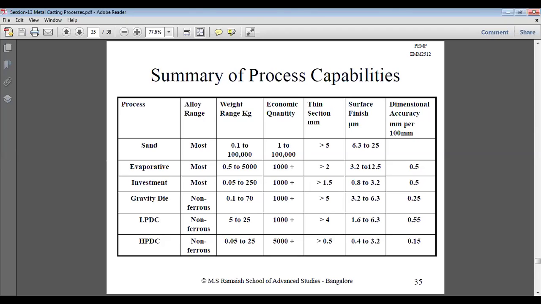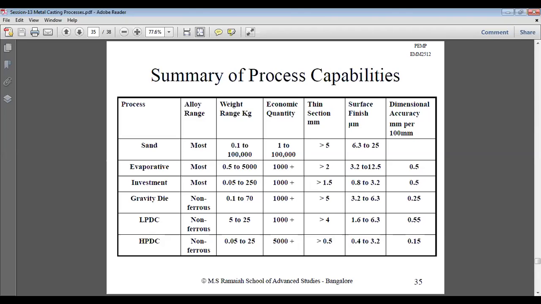That means any shape and any size can be cast by sand casting. Then we have evaporative casting 5,000 kilos, investment casting 250 kgs, and gravity die casting up to 70 kilos for non-ferrous, low pressure 25 kilos and also high pressure up to 25 kgs. So these are the weight ranges for normal casting processes.